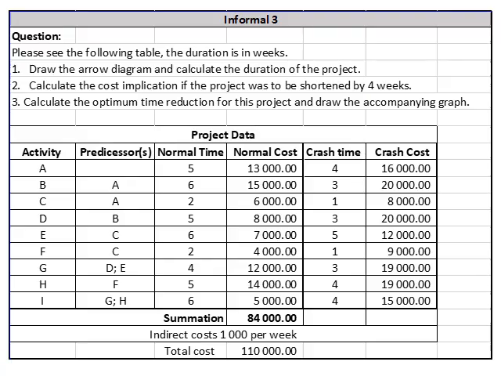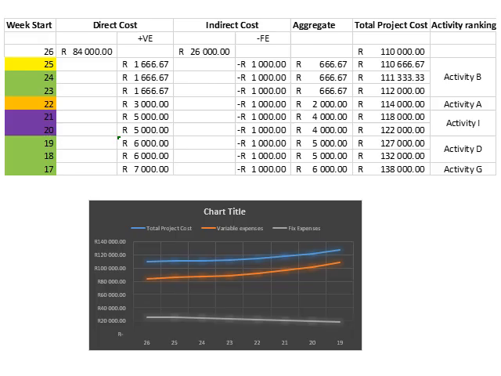Going to question 3, we look at calculate the optimum time reduction for the project and draw the accommodating graph. Okay, so here's a bit of interpretation that's needed. But in essence, you basically do the same as what you've done in the previous one. Firstly, you start with your cost, what the project would cost at normal time.